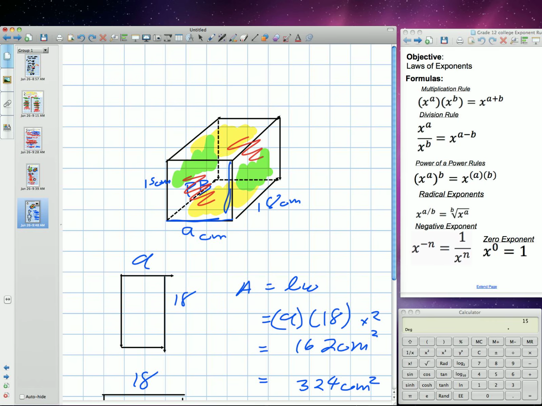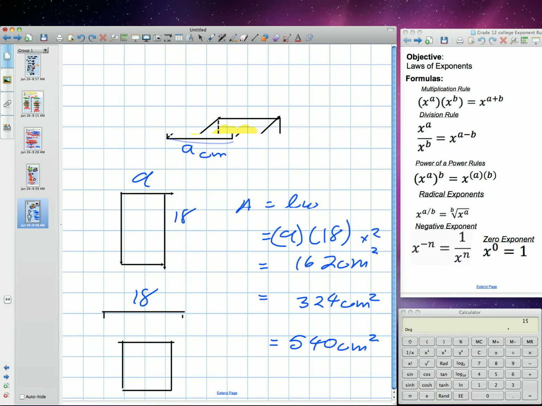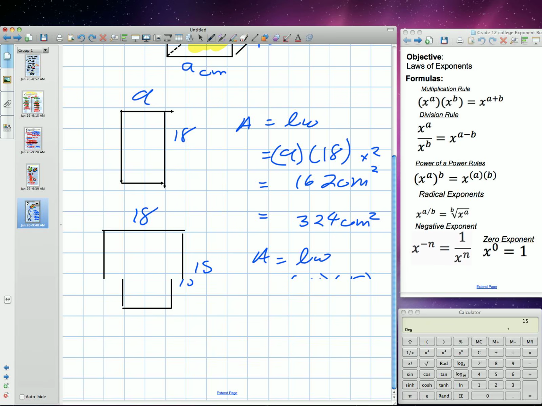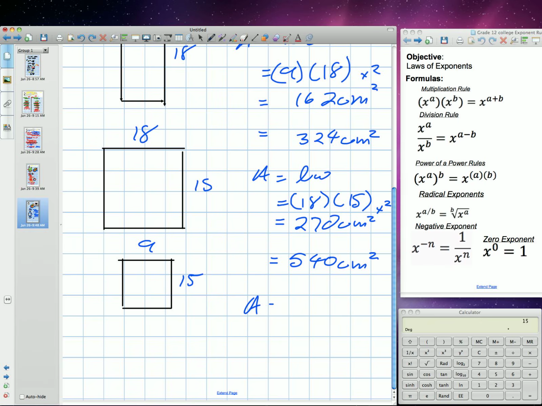Good, 9 and 15. Okay, so that is the three different pairs. See how each of them have different measurements. And let's find out this one. Area is equal to length times width, which is 9 by 15. 135 centimeters squared. There are two of those. So we get 270 centimeters squared.